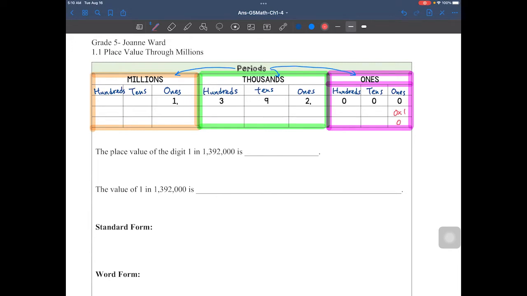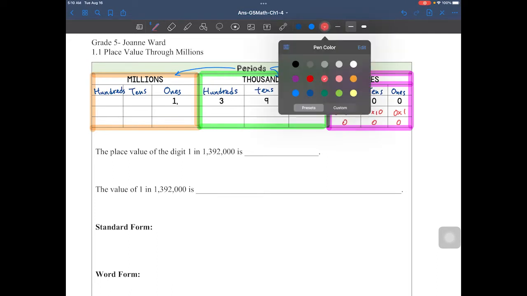The second 0 belongs to the tens, so 0 times 10 is also 0. The third 0 belongs to hundreds, so 0 times 100 equals 0.